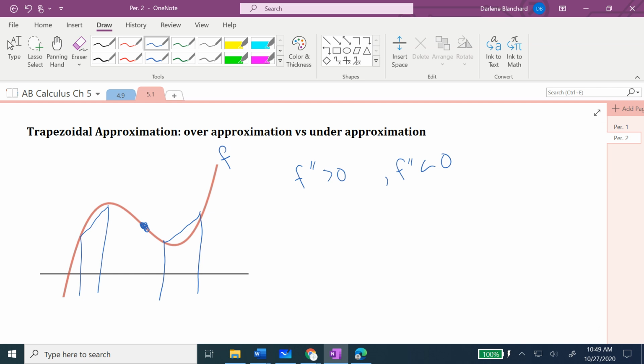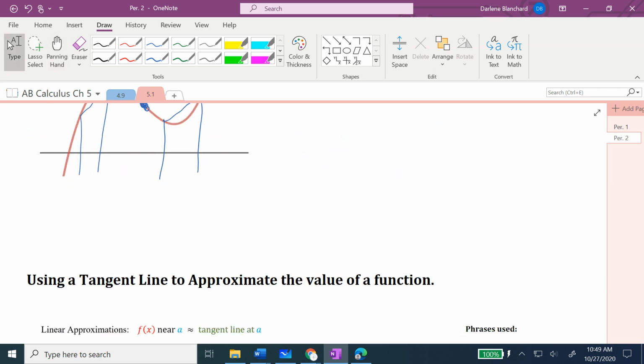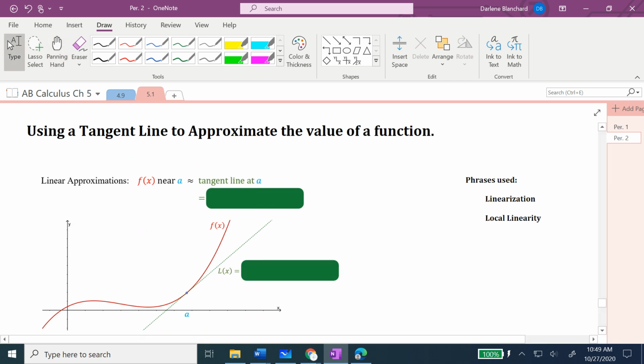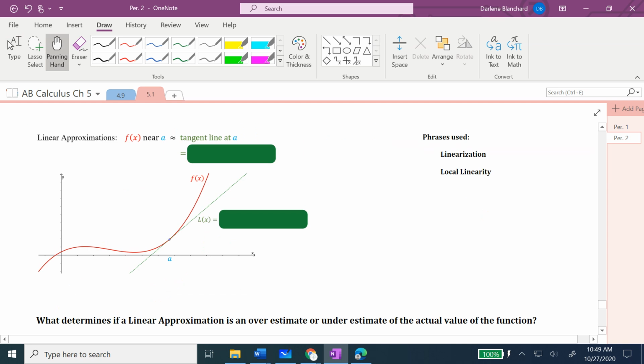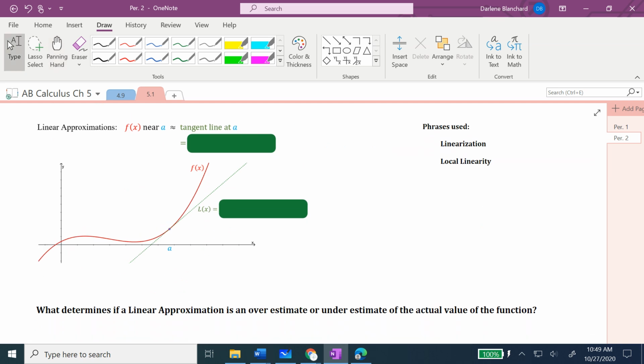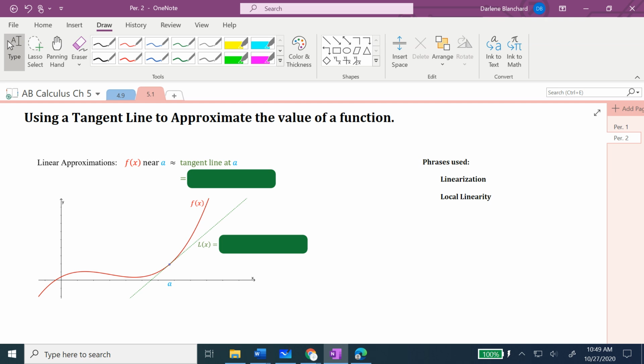I've got one more thing to throw your way, and I intended to have more time. This is not approximating area, but there are only certain times that you are asked for overestimate versus underestimate of something.